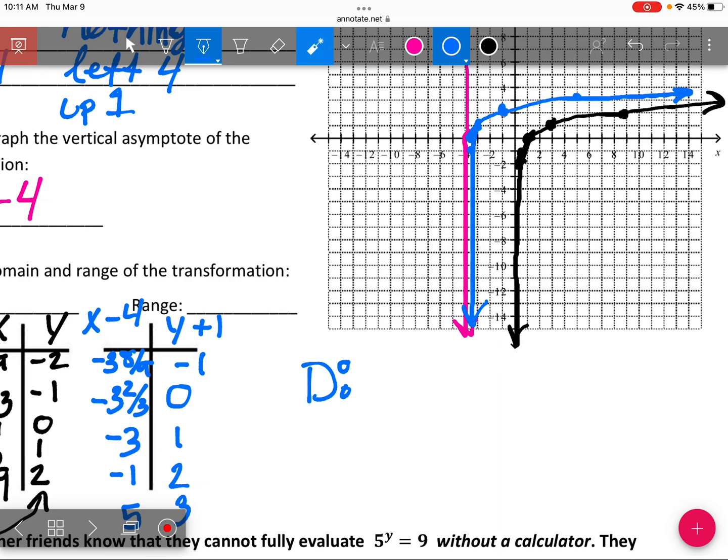All of them? Oh, never mind. No. Anything before negative 4? X has to be bigger than negative 4, right? Or you can do it in interval notation, where negative 4 to infinity.